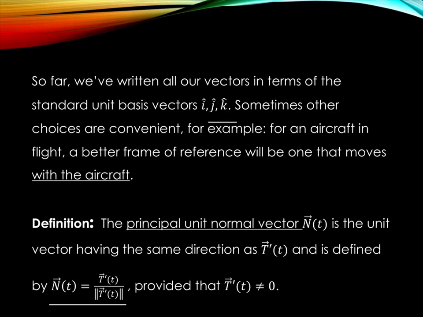Our normal vector N of t is the derivative of the unit tangent vector divided by the magnitude of the derivative of the unit tangent vector. And all of that's only going to work, of course, if we don't have 0 in that denominator.